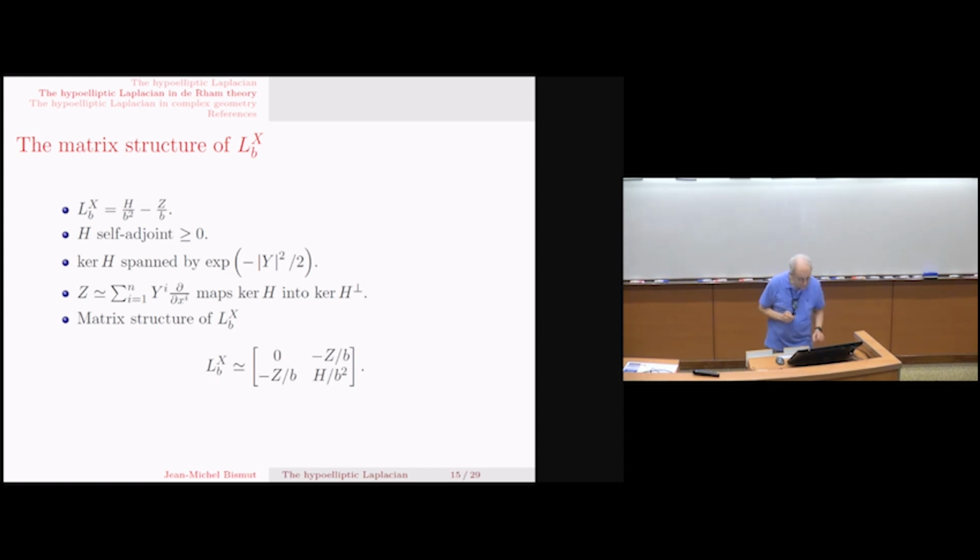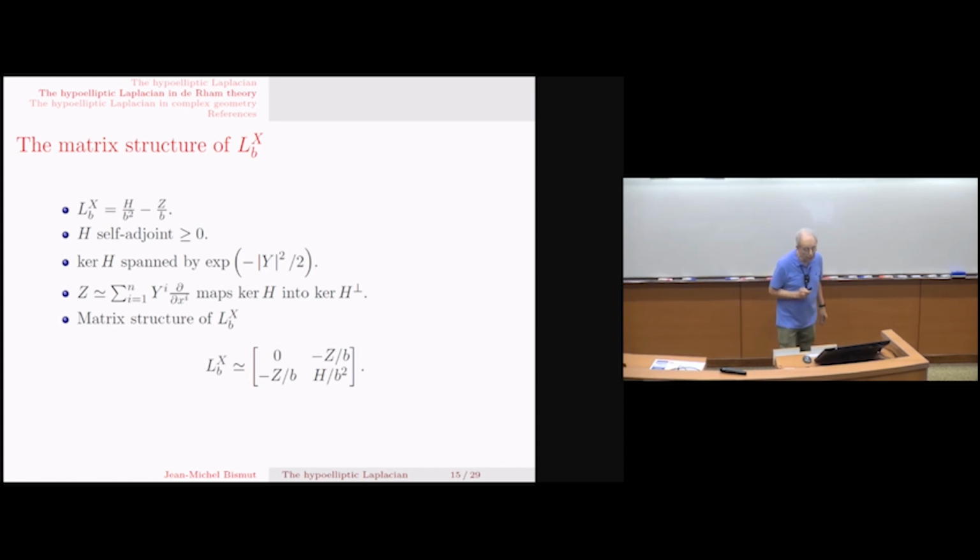And what you find is that as b tends to 0, the matrix has a preferred structure in which on the orthogonal to the kernel you just have H over b squared, and the fact there is 0 here on the upper left corner just reflects the fact that Z maps the kernel of H into its orthogonal.